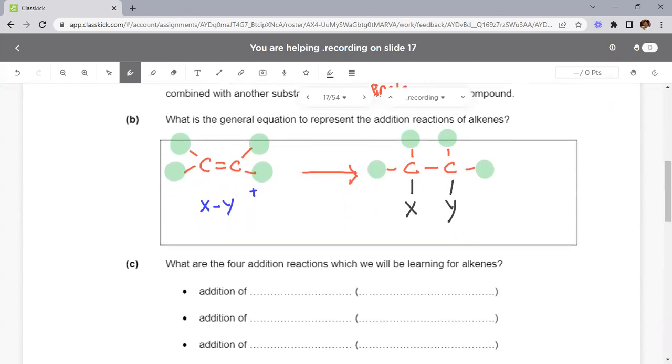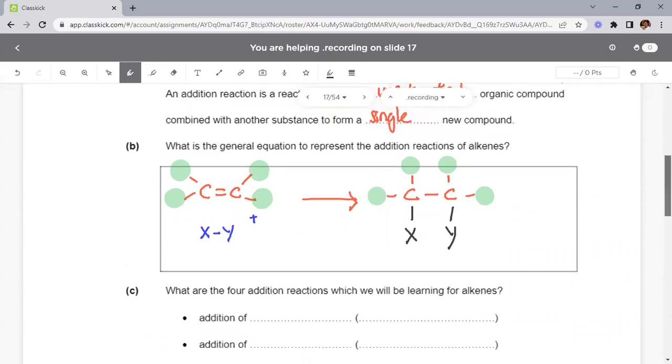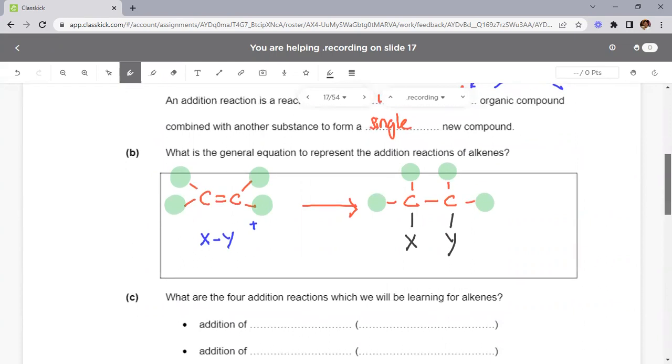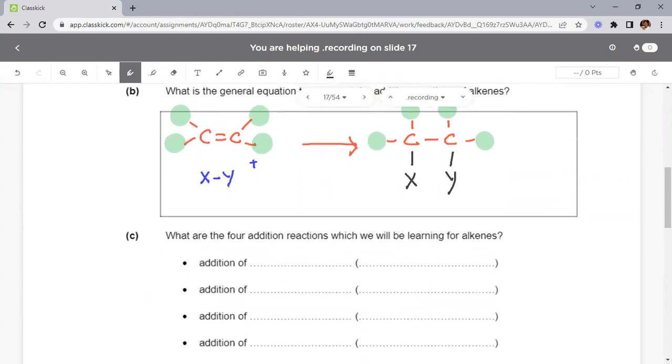So what are the specific addition reactions? This is the general equation of what's happening. We will go into the specifics now of what is being added to the alkene. There are four main addition reactions that can happen.